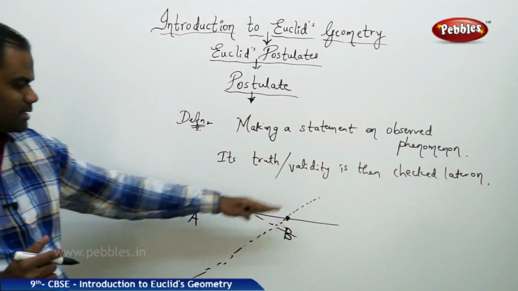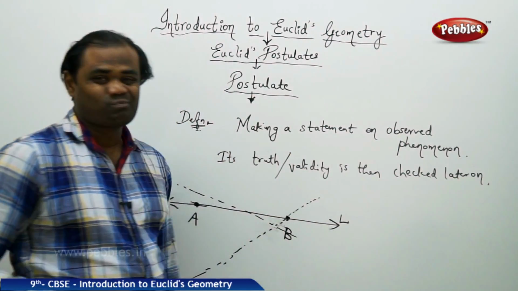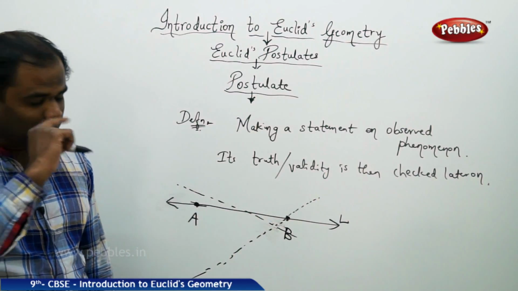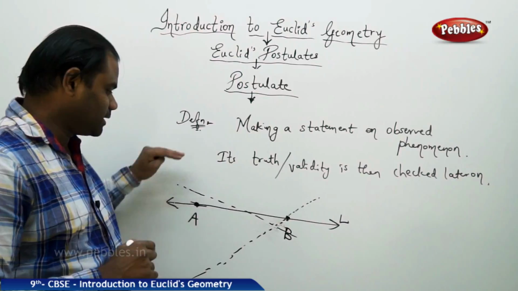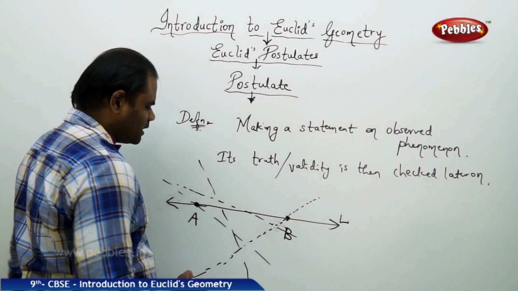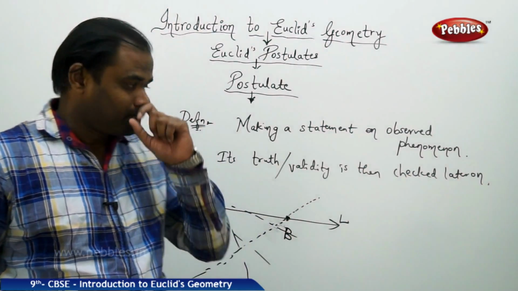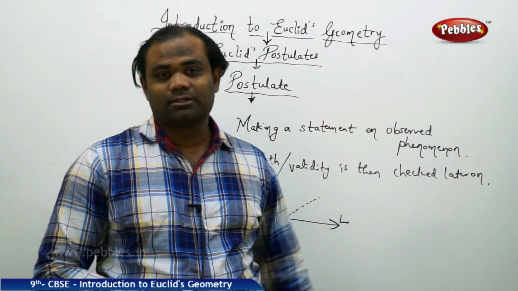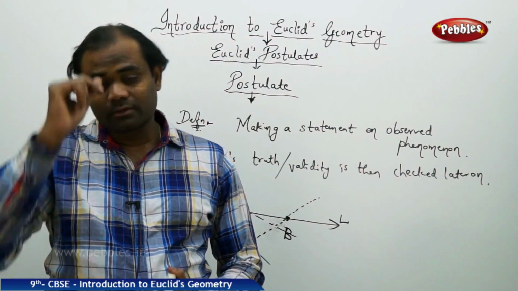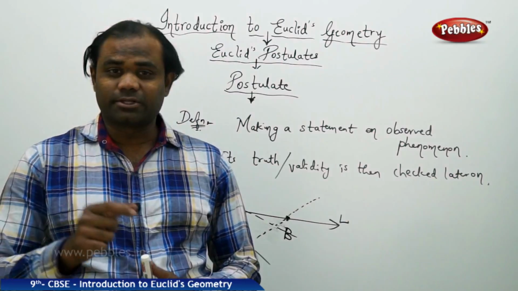Now out of the different lines I have taken, I recognize that there is only one line which can pass through these 2 points. Out of all the different possibilities of lines I take, I see that there's only one line which passes through A and B. So I make a statement through my observed phenomenon which says that there's only one line which can be made to pass through two distinct points.